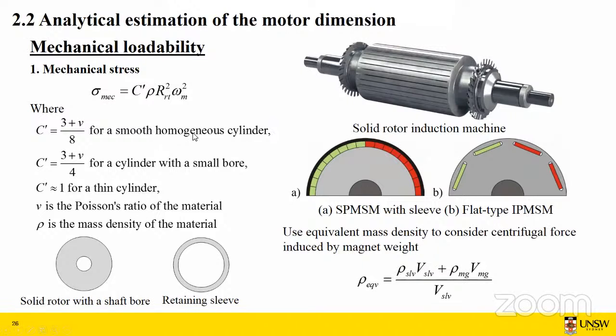That means it's just a solid cylinder. And here V is the Poisson's ratio of the material. What is that? I remember Professor Data introduced this. Let's say we have a cubic thing like this, and we apply a force or stress on its top and bottom surface.